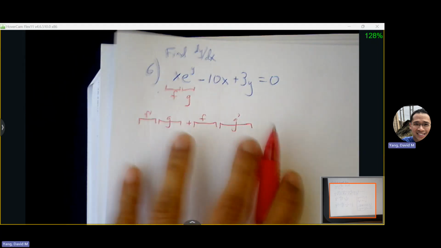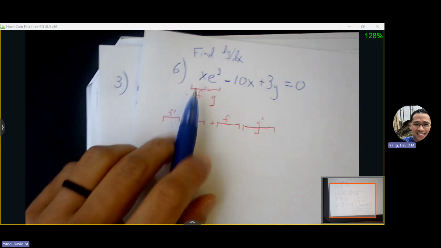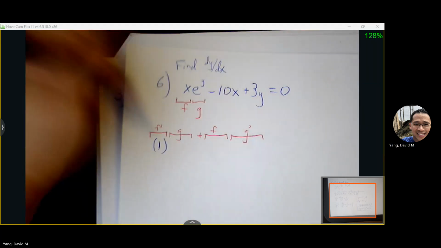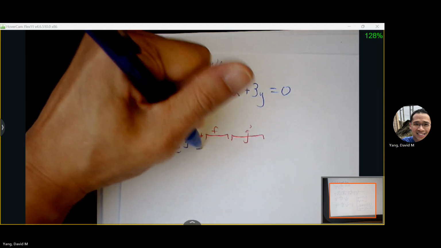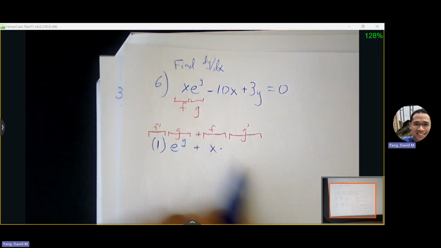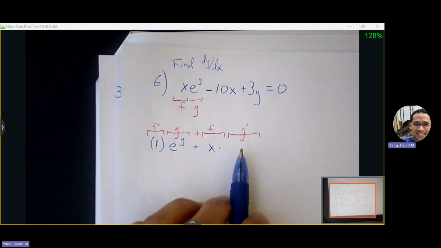So this whole thing is just for that x e to the y. Okay, f prime, x becomes 1. G function, no changes. F, no changes. Okay. G prime is e to the y's derivative. What's e to the y's derivative?